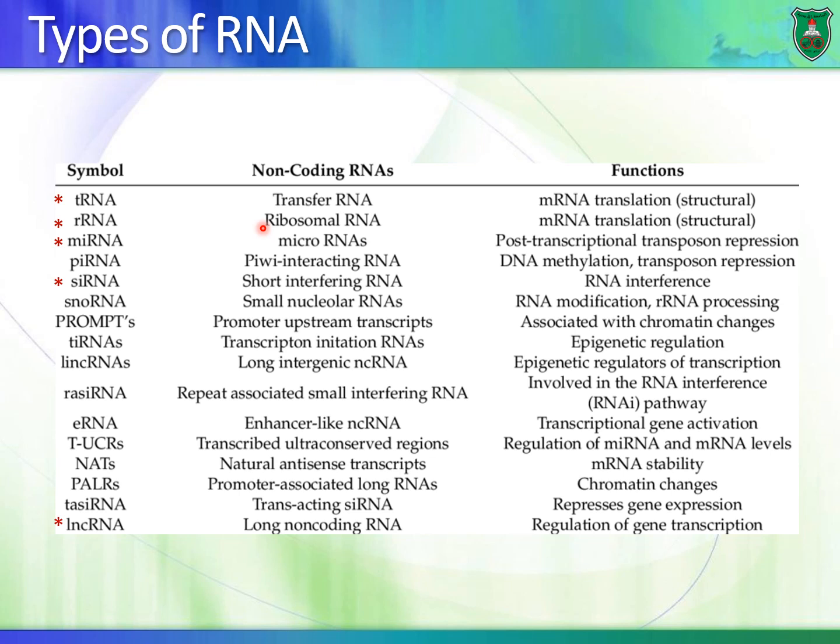But scientists have discovered a large number of different RNA molecules of different structures and different sequences. The ones that I marked here with a star are the ones that we will talk about in this course. So tRNA and rRNA molecules are involved in translation, messenger RNA translation.